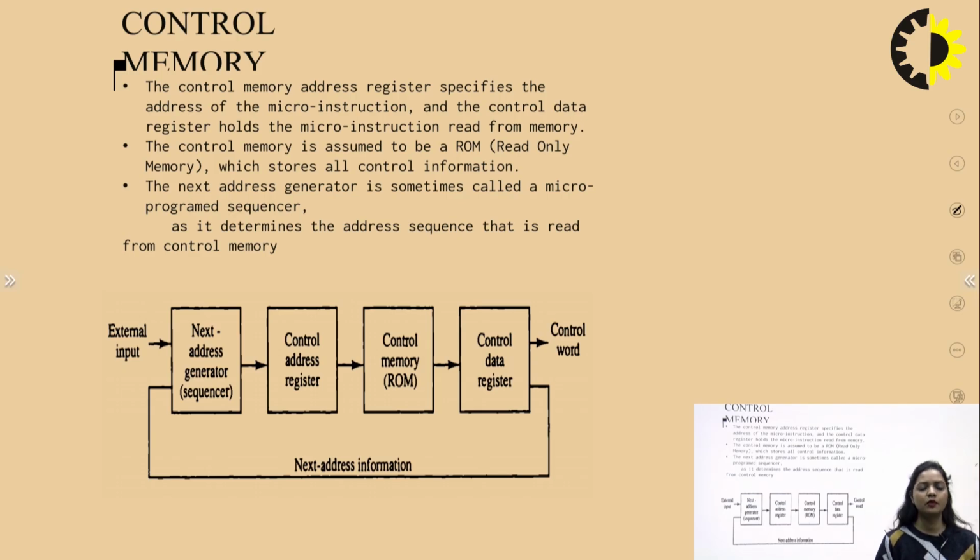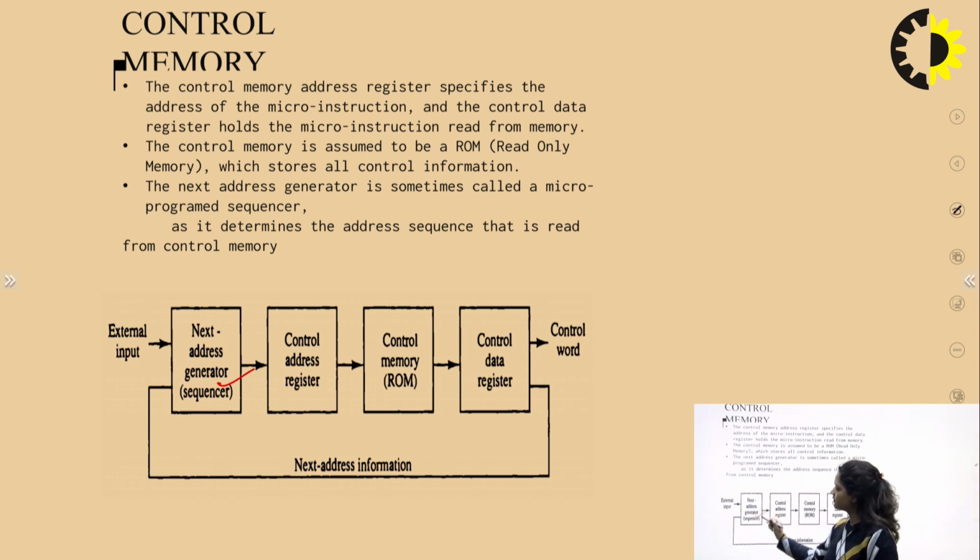The CPU is composed of two things: one is the arithmetic and logical unit and the other is the control unit. Control memory is part of our control unit, and the control unit consists of four blocks. The first is the next address generator.